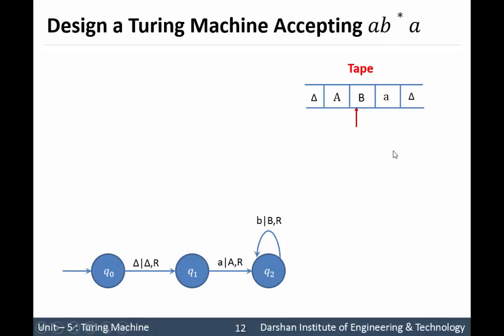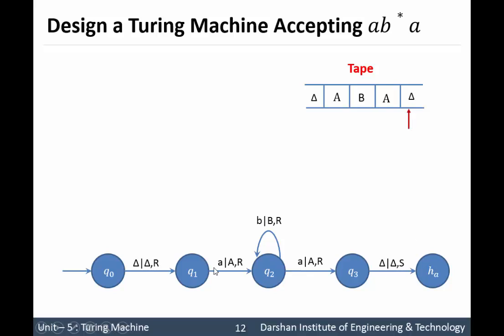And if we move to the right direction, our tape head is on a. So as per our logic, a is replaced with capital A and move to the right direction. Now it's a delta. So no need to do anything. Delta is replaced with delta and no need to move anywhere.